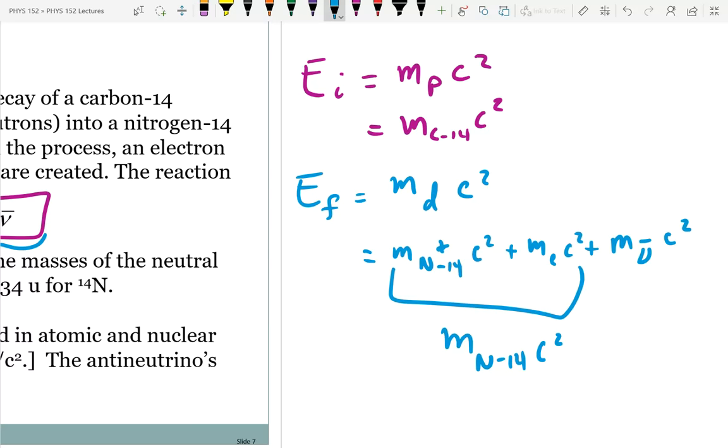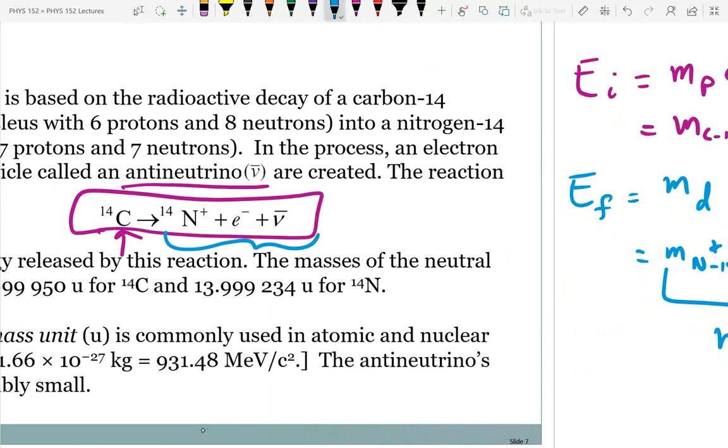You do have to account for the electrons, but if you combine these two into one, that mass is equal to the mass of a neutral nitrogen-14. And what's the mass of the neutrino? Well, Alex, you're close enough. It says up there, see where it has the up, down, so on. To the left of that, it has some like electron and the electron neutrino. What does it say for the mass of the electron neutrino?